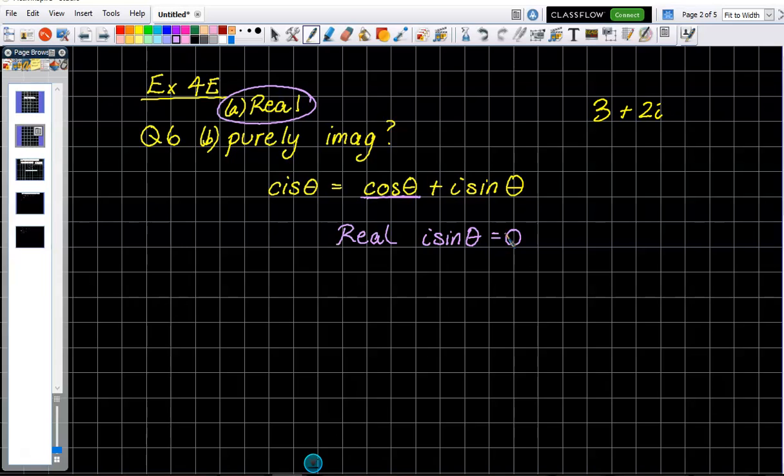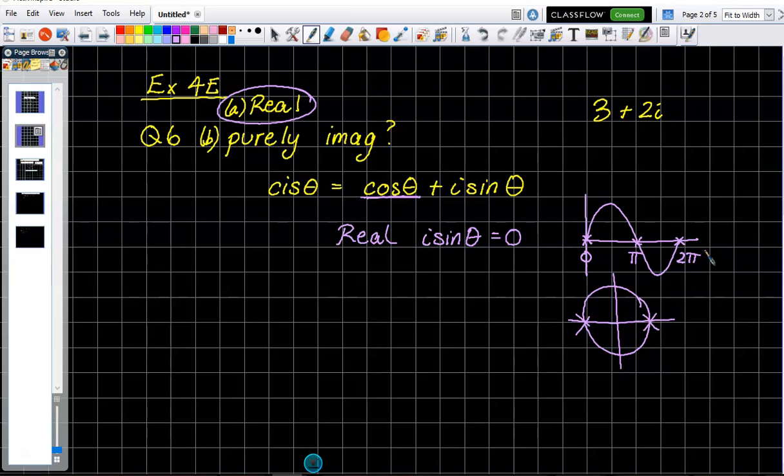Now think about for what values sine theta will be 0. When is sine 0? I'm a graph person, some of you might be unit circle people. When is sine 0? Here and here. So what are those values? 0, pi, 2 pi, basically multiples of pi.